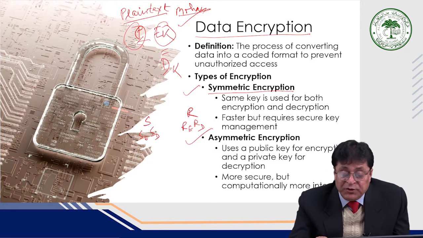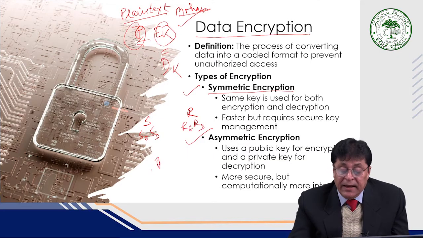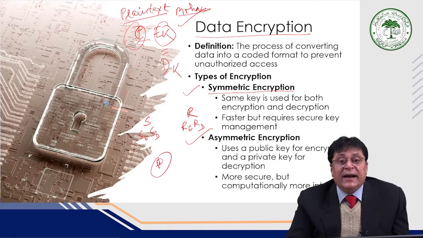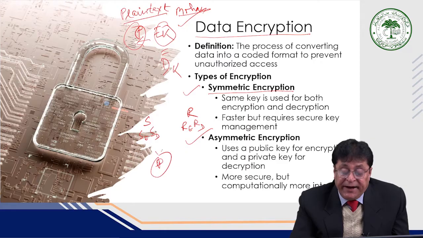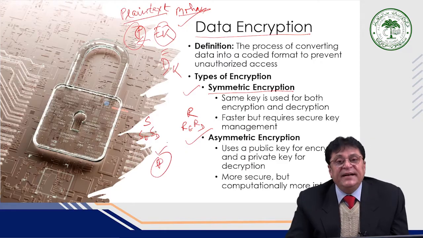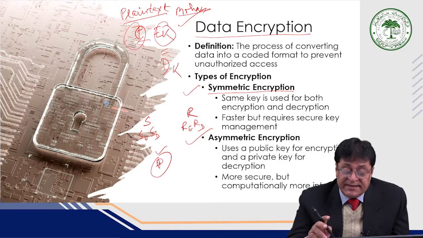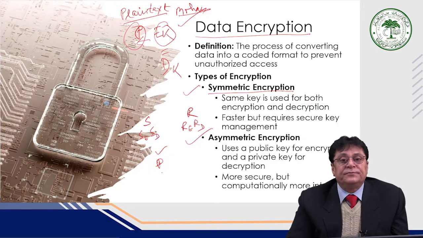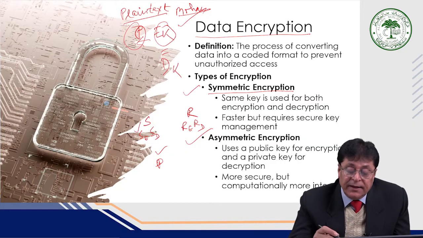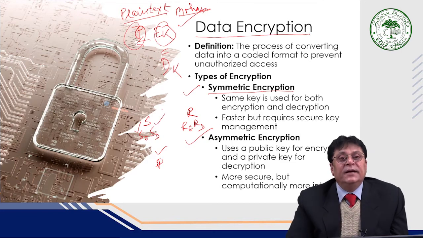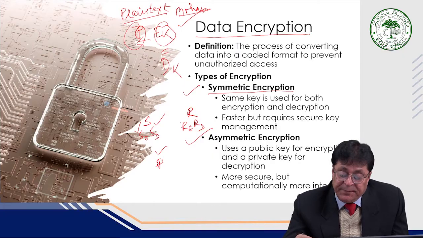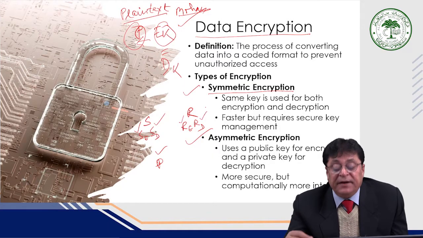So, if I have to send something P to R, what I will do? I will encrypt it and send it. Now, once it is encrypted with this key, it can only be decrypted with this key, right? In the same way, if it is encrypted with this key, it will only be decrypted with another key.